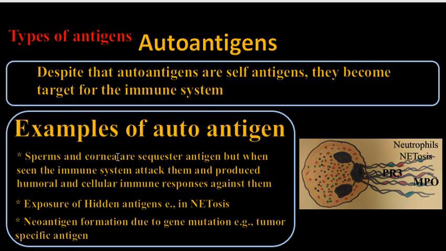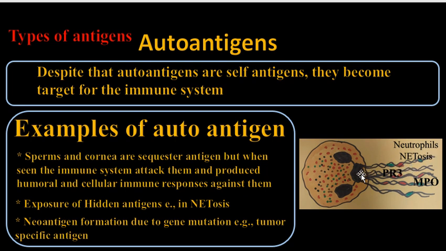However, they should not be seen for life. But when seen incidentally, for example, in case of infection, inflammation, or trauma, the immune system will recognize them as non-self. Also, in case of netosis, these are the neutrophils. The neutrophil has a capacity to produce some filaments, and following, for example, infection, these filaments modify their chromatin and produce sticky filaments.